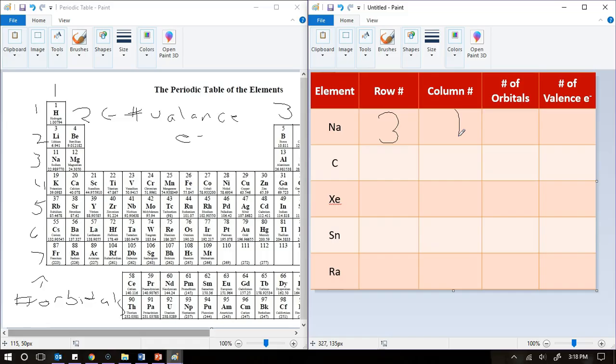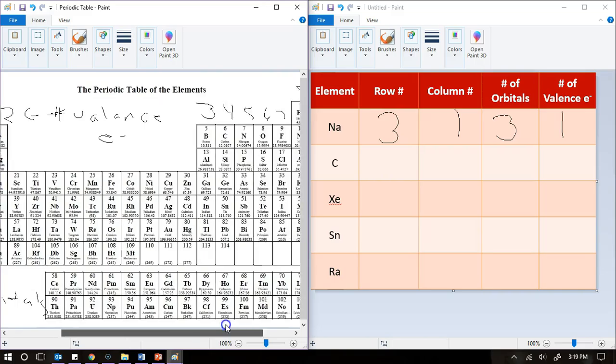So if I take a look, what does that tell me? Well, remember that your row numbers tell you your number of orbitals. That means a sodium atom has 3 orbitals. Alright, and my column number tells me my number of valence electrons, so sodium has 1. If I come over to carbon, let's try that one together.